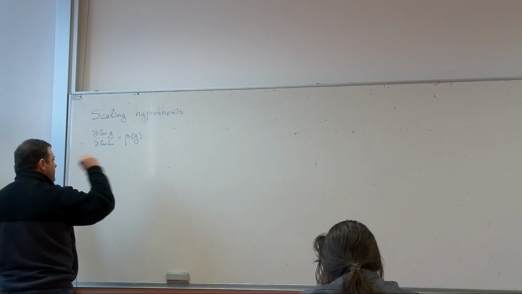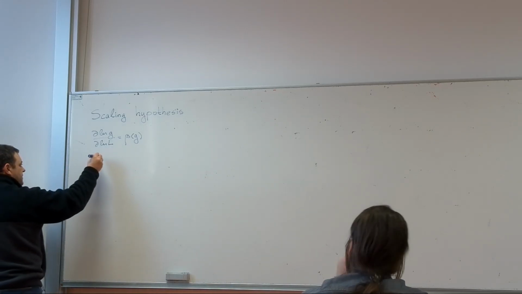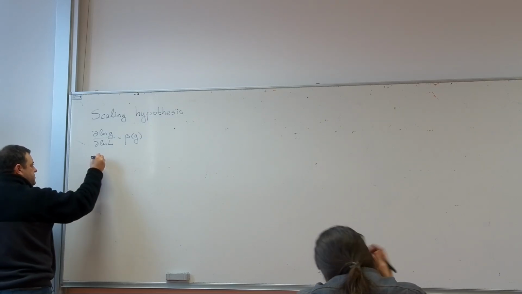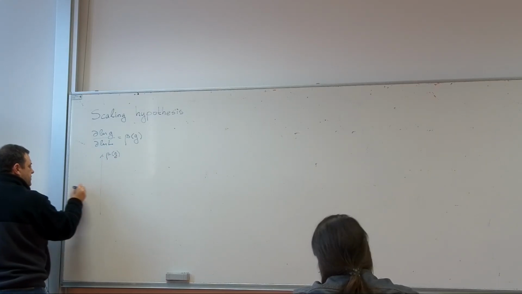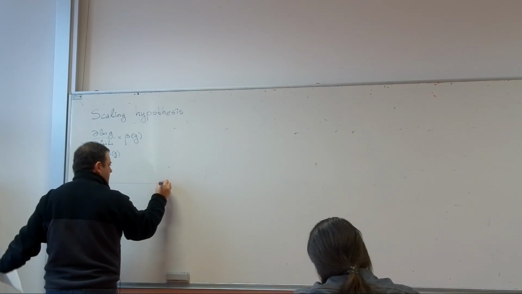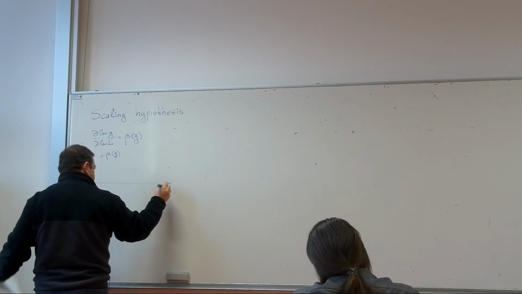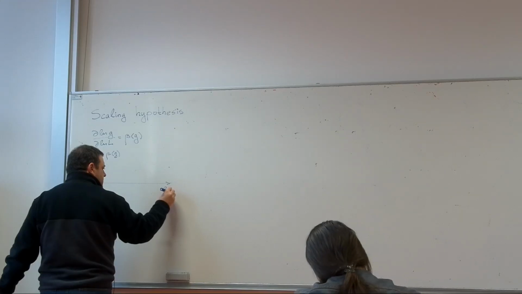And we had this general plot of how this function beta of g actually looks as a function of log g.